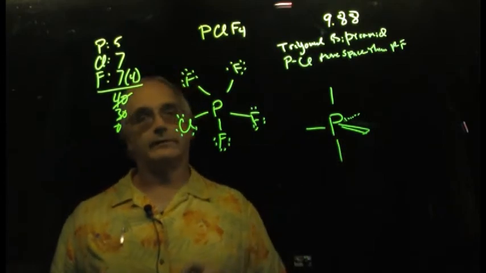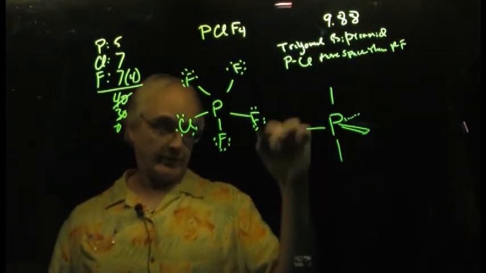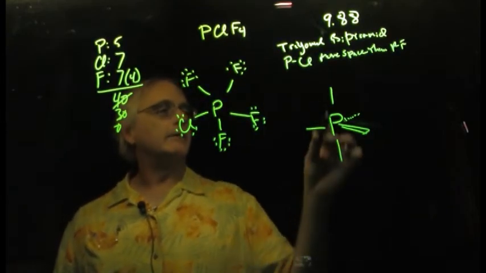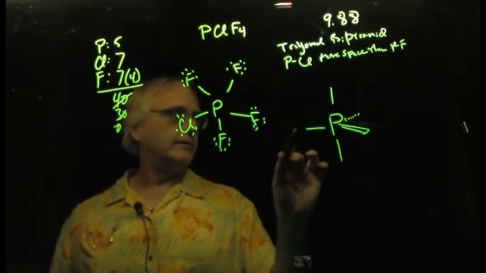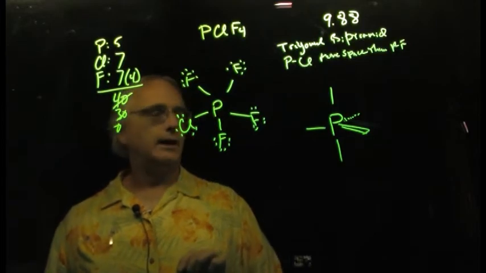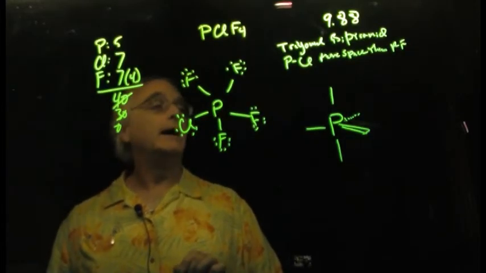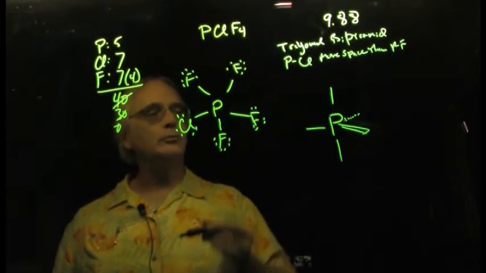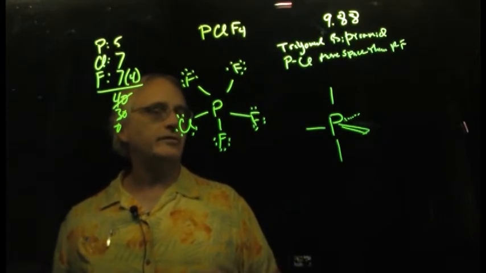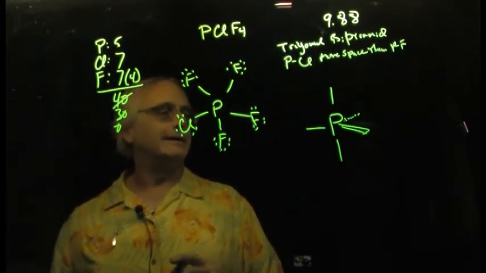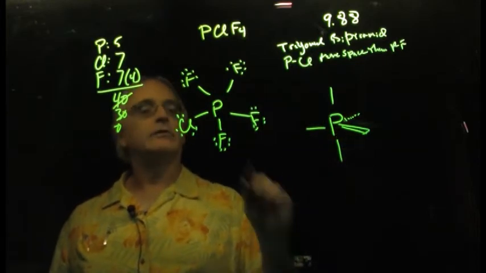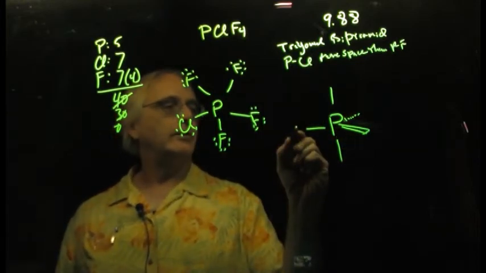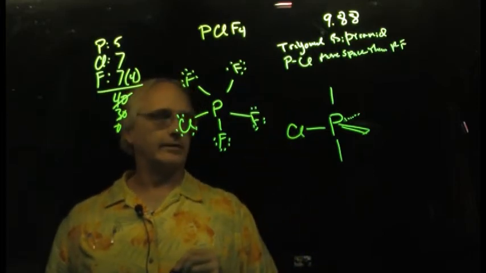So here's a good way of drawing the trigonal bipyramid before I fill in any of the outer atoms. Remember, we have this linear axial region, it's called, and we have this triangular equatorial region. And of the two, the roomiest one, the one that has the fewest number of 90-degree interactions, is the equatorial region. So my large one is going to go there. That's where the chlorine is going to be.